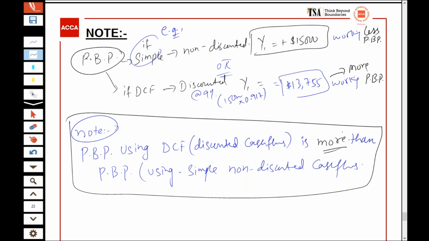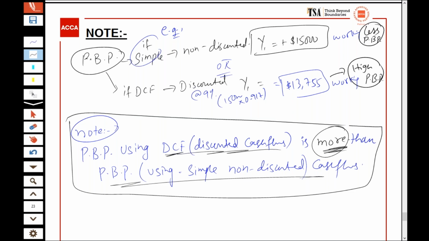I mistakenly wrote less. It's more. Using discounted cash flows, the payback period is more than with the simple cash flows. It's a high payback period, and the other is a less payback period because the amount is more. I hope this statement is well understood.